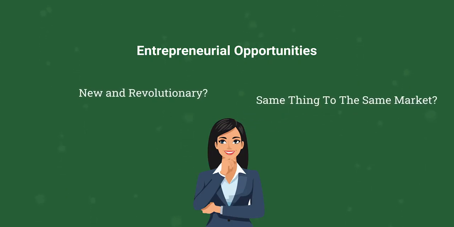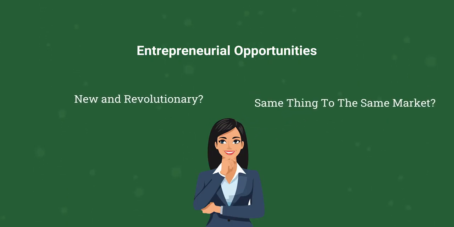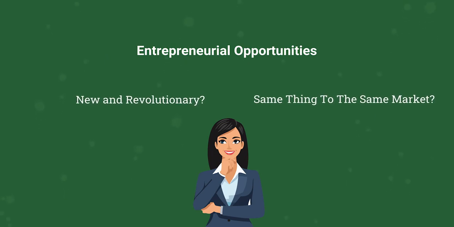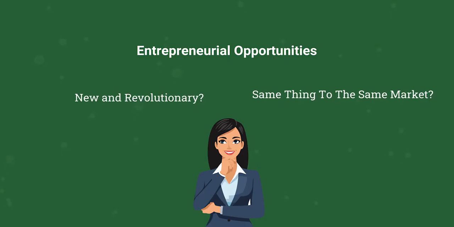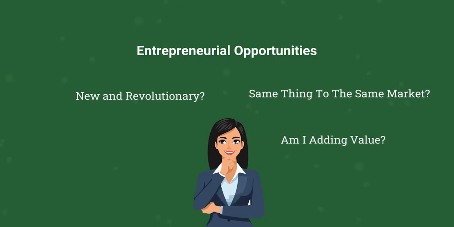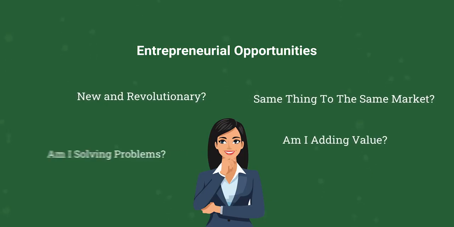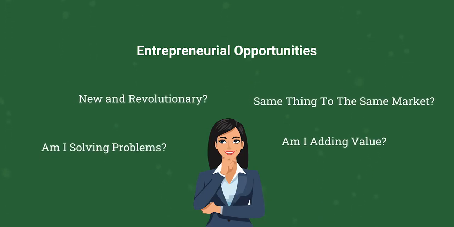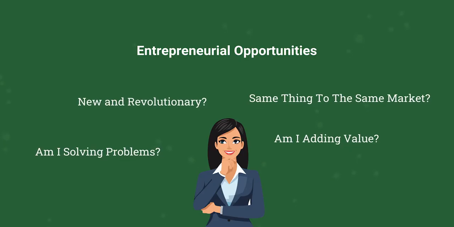Of course, just offering the same thing to the same market is not likely to go very well for you. Why is that? Because you're not adding value to people's lives. You're not meeting some unmet need. You're not solving anyone's problems that's not already being solved in some way, shape, or form. So we're going to talk about how to focus in and understand how to do that.